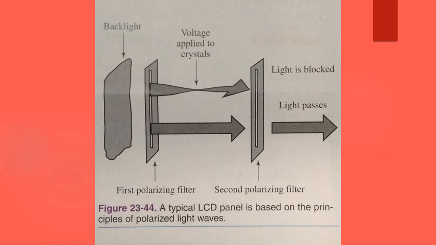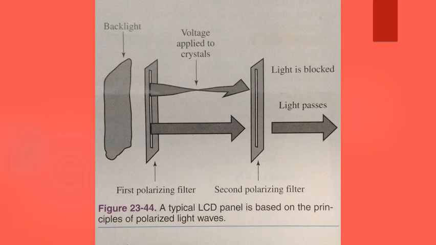A backlight is required to generate the light. The light passing through the first filter results in polarized light. Polarized light consists of light waves all the same shape of a single frequency, rather than the entire spectrum of light frequencies generated by the backlight. The light passing through the first filter consists only of vertical waves.